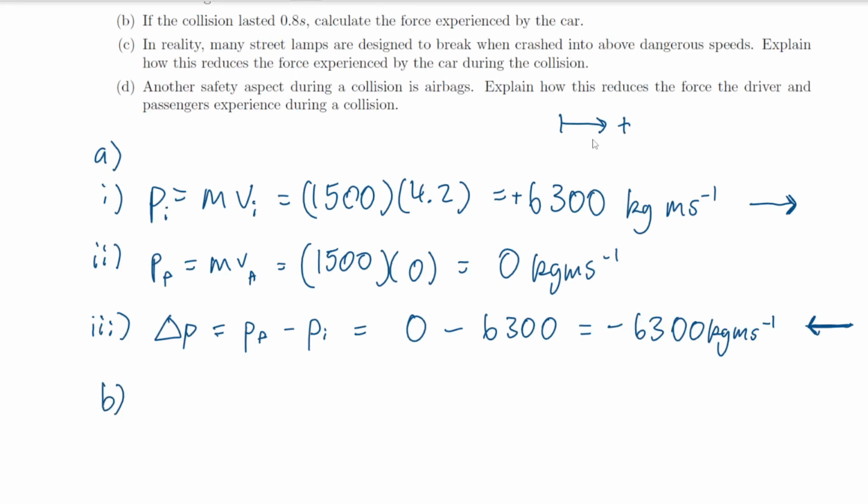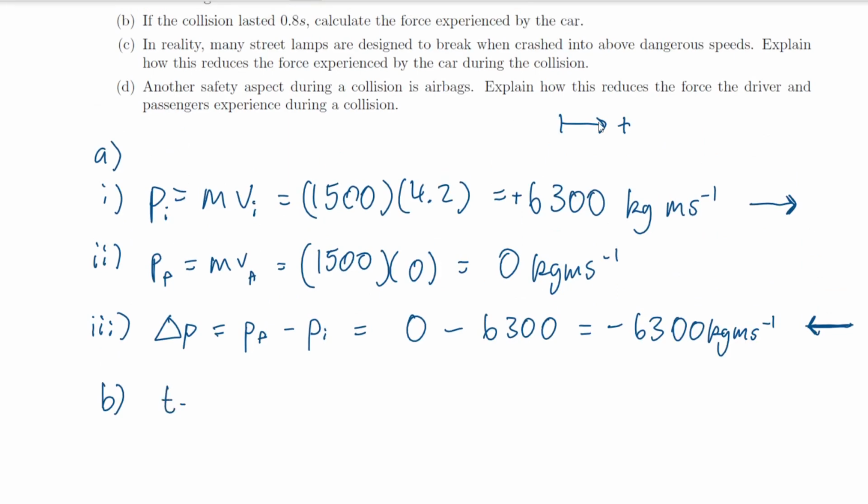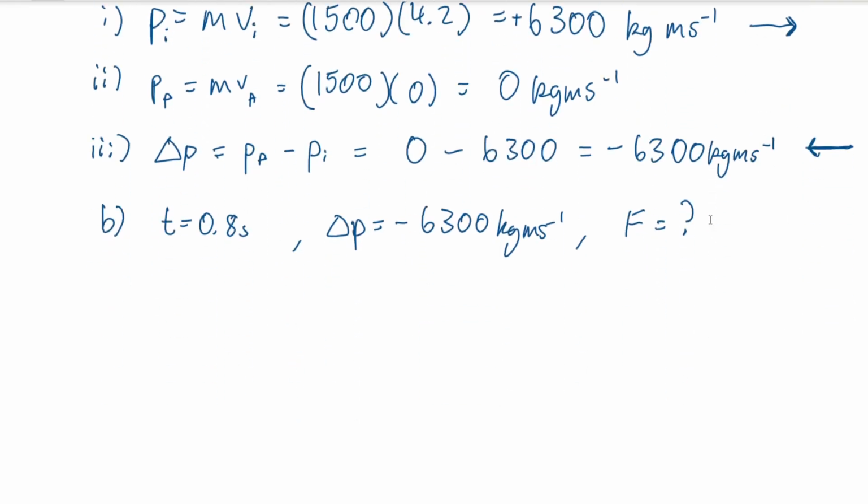Question B. If this collision lasted for 0.8 seconds, calculate the force experienced by the car. Okay, so we're given a collision time. We just worked out the change in momentum, and we're looking for the force. So looking at our data book, our formula sheet, change in momentum is equal to the product of force times the time of that collision.